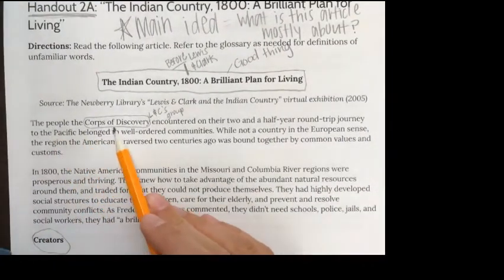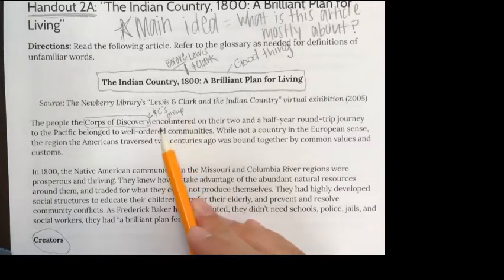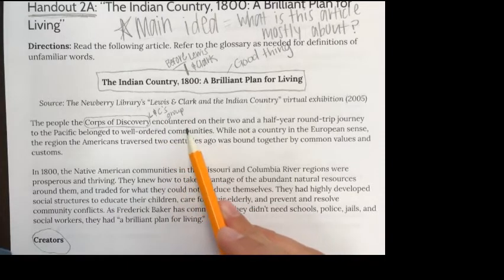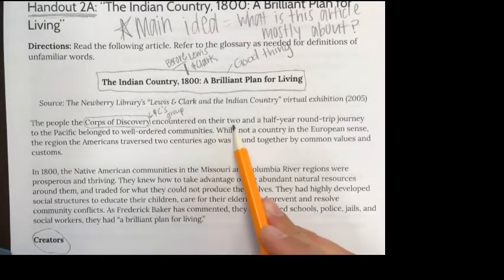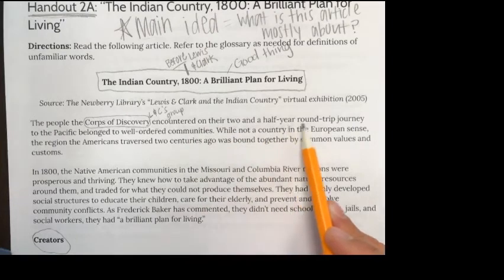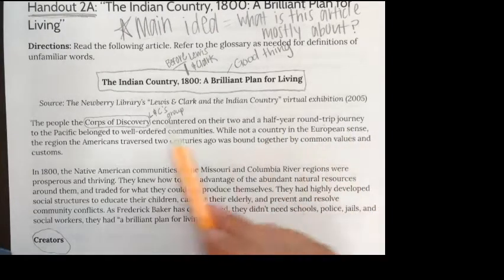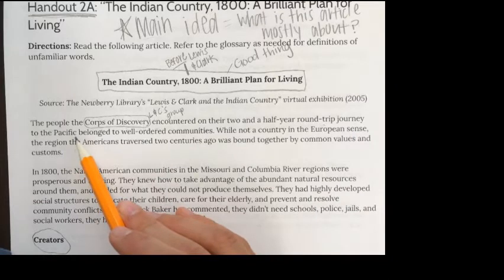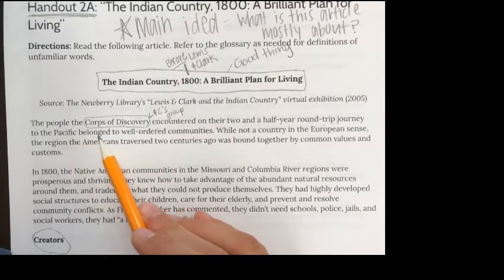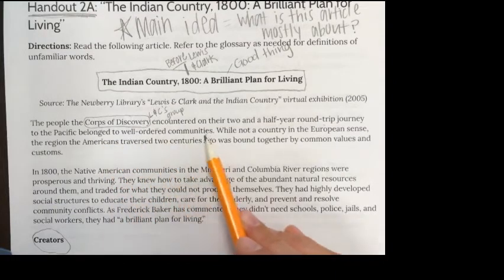The people of Lewis and Clark's group encountered, or met, on their 2.5-year round-trip journey to the Pacific Ocean belonged to well-ordered communities. I think they missed some words.